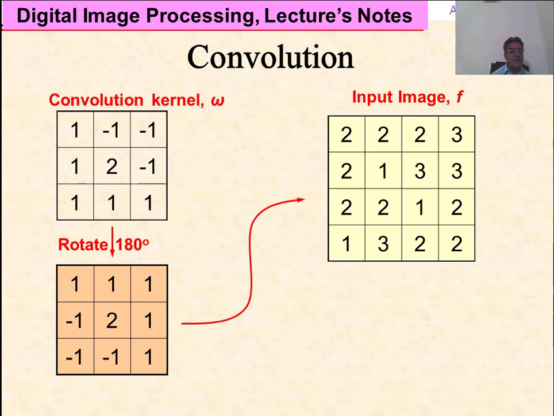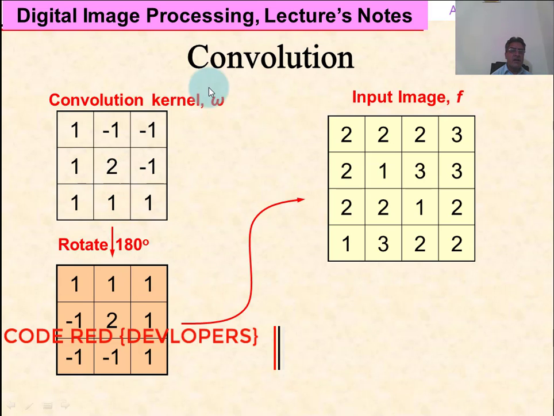But this is the kernel, and we slide this kernel on this input image one by one. This is a 4x4 image and this is a 3x3 kernel. Firstly, we will put the central pixel of the kernel on the first pixel of the input image.